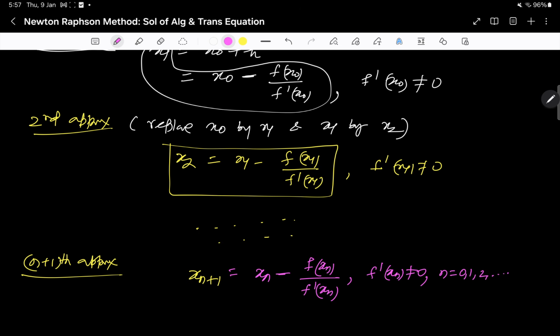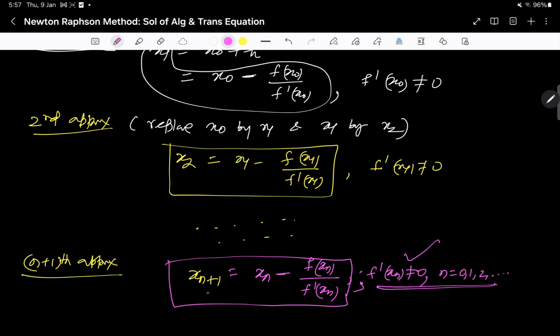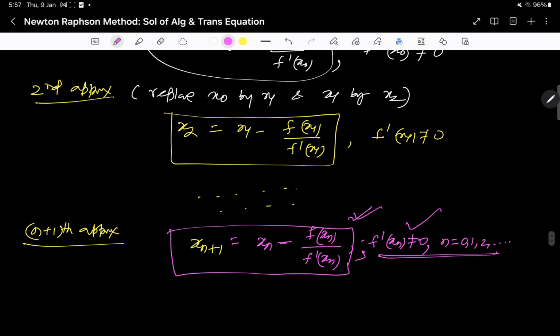So this is my necessary formula with the restriction that the denominator is not equal to 0. Putting n = 0 we get x1, putting n = 1 we get x2. So this is the generalization of this formula.